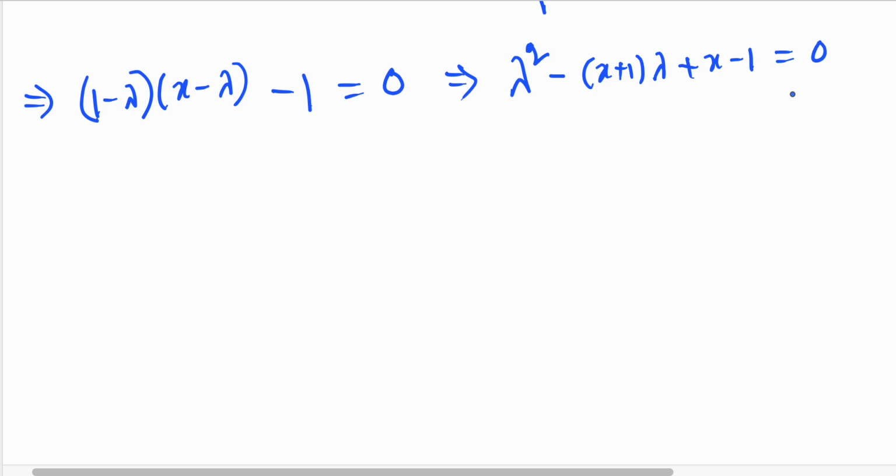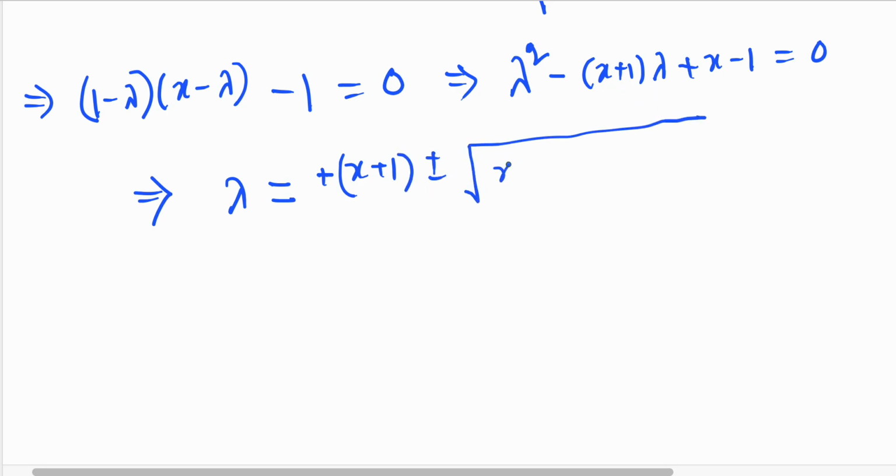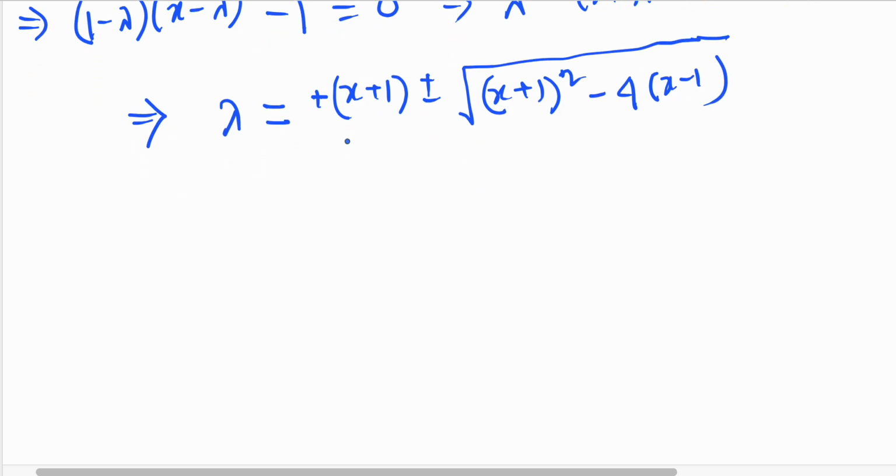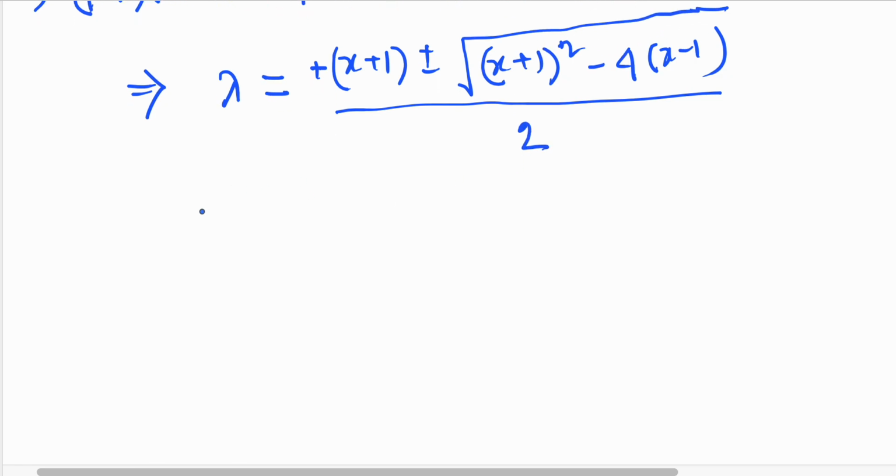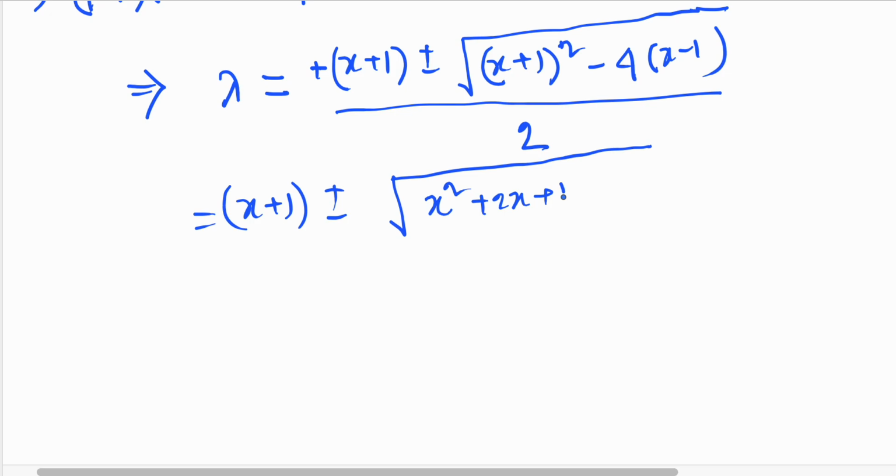So lambda squared minus (x plus 1) lambda plus (x minus 1) is equal to 0. Now by applying the quadratic formula, we get the two roots of lambda: (x plus 1) plus or minus the square root of ((x plus 1) squared minus 4(x minus 1)), divided by 2, which is (x plus 1) plus or minus the square root of (x squared plus 2x plus 1 plus 4 minus 4x), by 2.